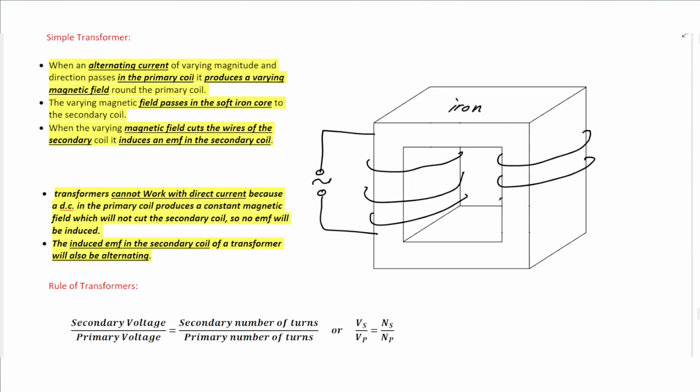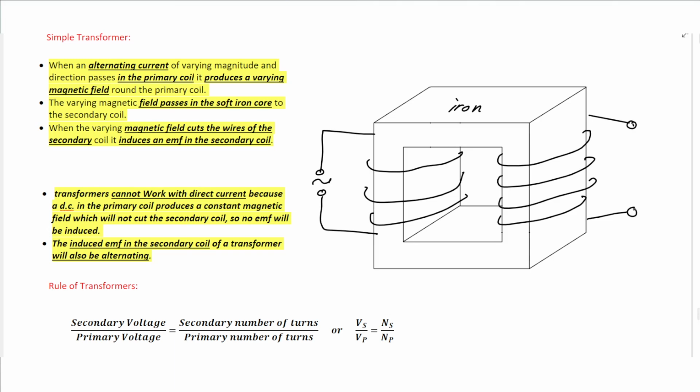So the first sentence is that the primary coil carries an alternating current, and the alternating current creates a changing magnetic field, and the iron increases the strength of the field, or the iron core transfers the field to the secondary coil. And since the field is changing, there will be a change in flux or cutting on the secondary coil. This cutting will induce voltage on the secondary coil.